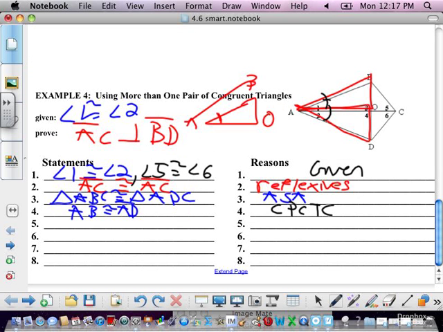I've got 1 and 2 from the given. I've got AD and AB from CPCTC. What else can I get from here? BD. BD is the whole length.